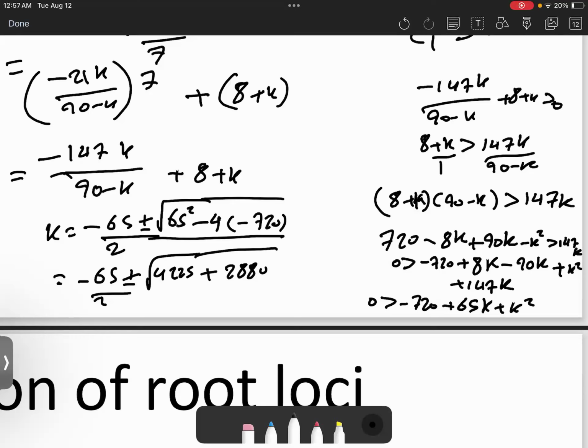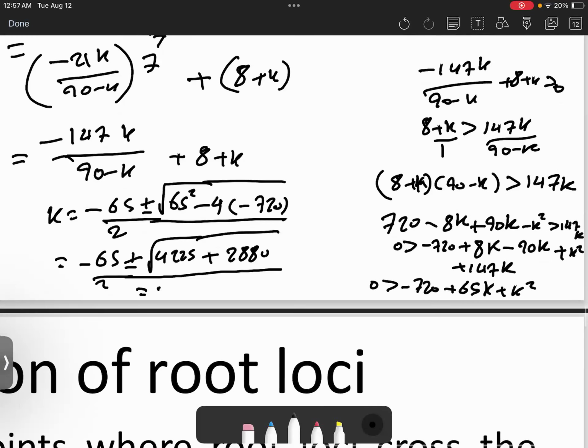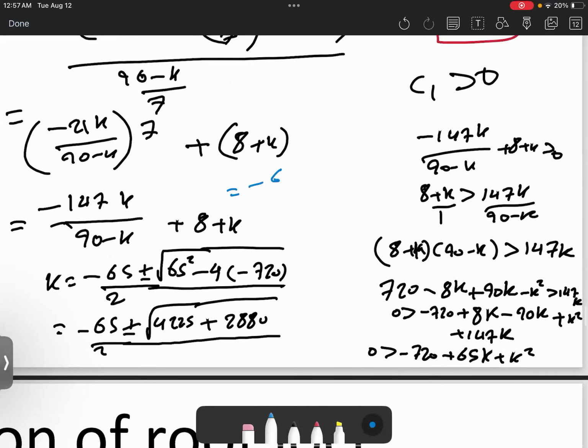Then let's do the root of it. Okay, so the square root of this number will be 84 something. So it will be negative 65 divided by 2 plus minus 84, I would say 84.